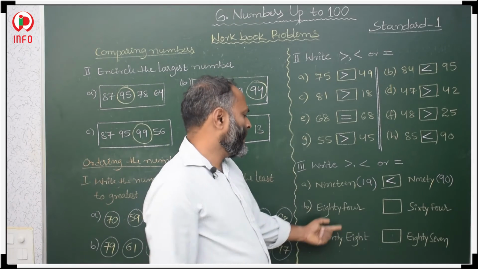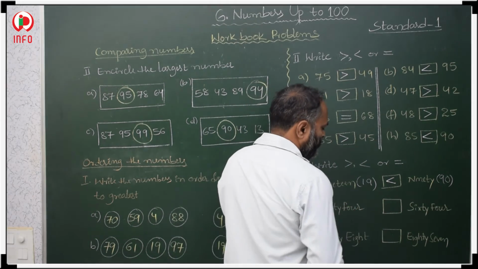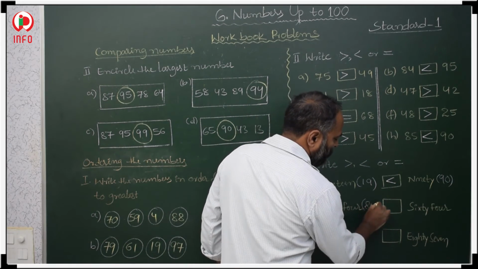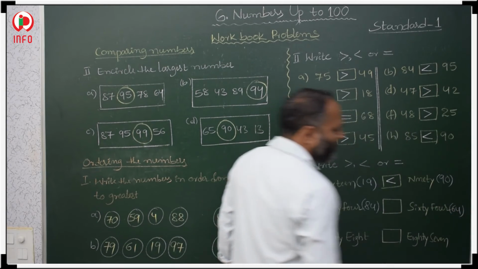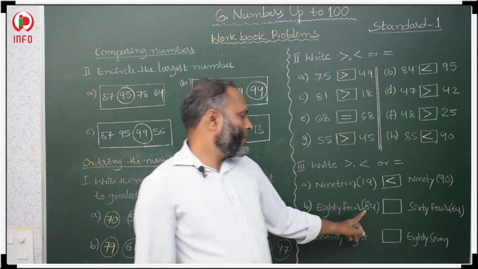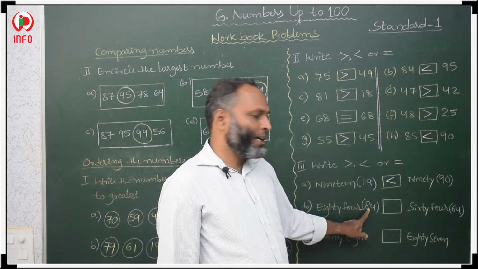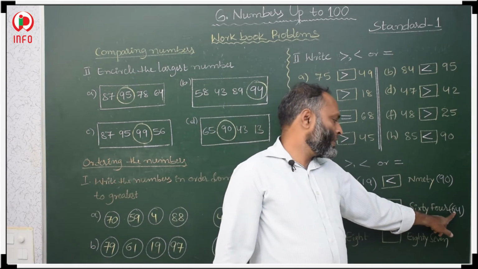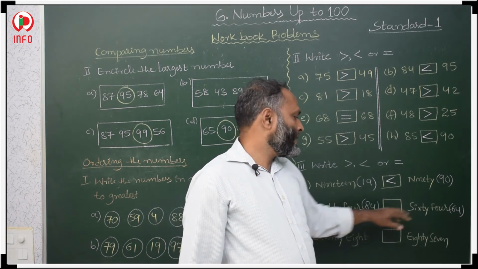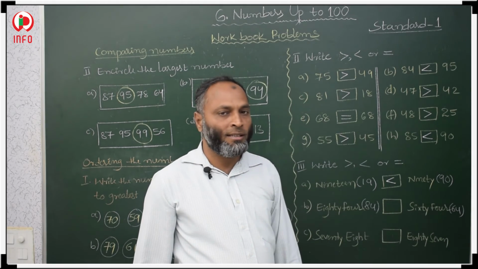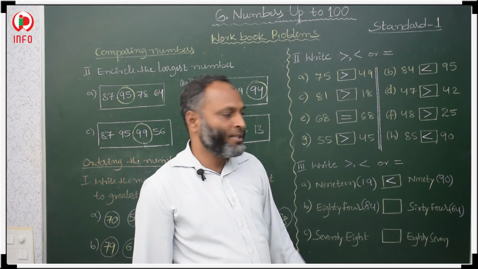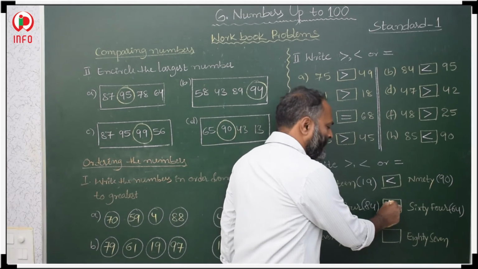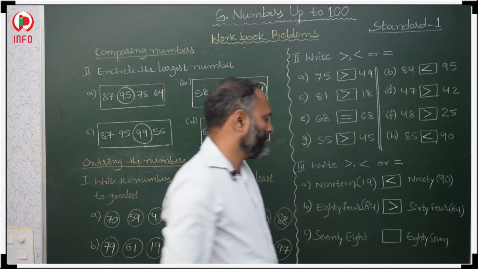Now here 84, and here 64. Now you check. What is there in the tens place? 8. What is there in the tens place? 6. In 8 and 6, which one is the least? 6 is the least and 8 is the greatest one. Means 84 is greater than 64, this is the greater than symbol.